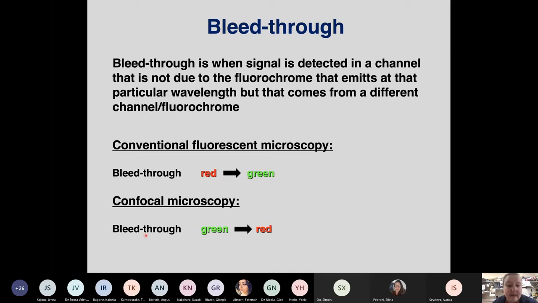And then they take the sample to the confocal microscope, and unfortunately it's the other way around, because you have often bleed-through from the green to the red channel.